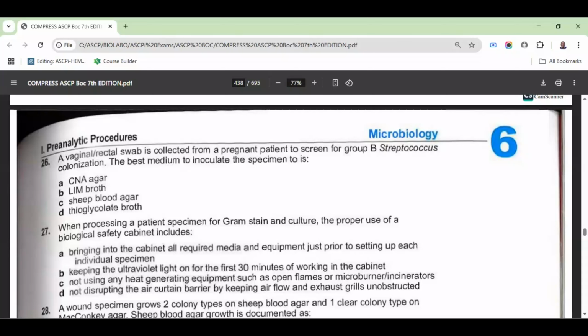So Streptococcus agalactiae is what you call GBS. GBS is not a problem for adults. It's a problem for newborns and even previously pregnant women after delivery or after abortion. It can also cause a problem for elderly people. Remember, it's there in the content. It is listed: diseases associated with Streptococcus agalactiae.